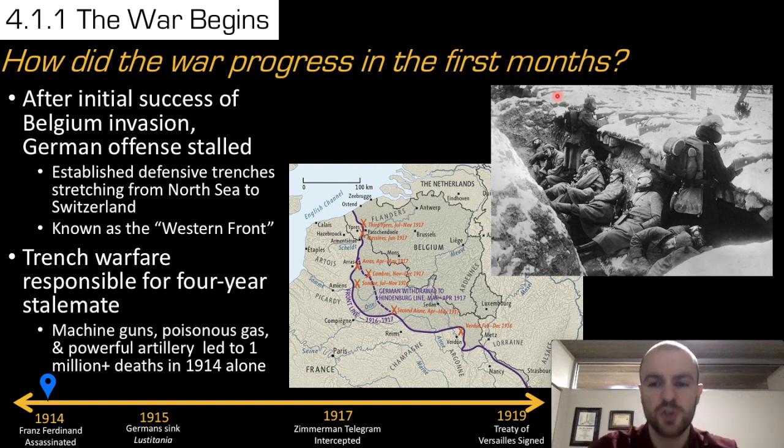So you had two sides bogged down in trenches, and the war became especially bloody because they were stuck there. They weren't advancing forward, but they didn't want to retreat backwards into their respective countries.